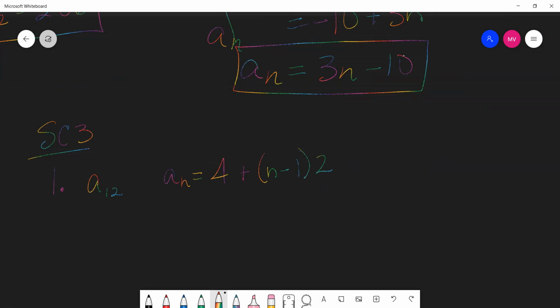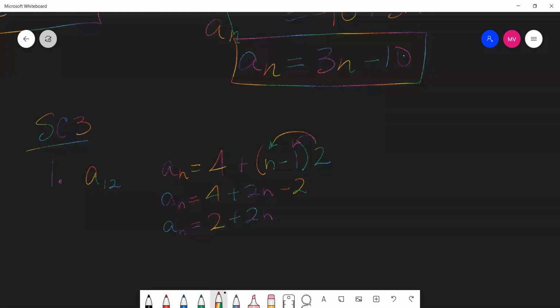All right, I'm going to do it just like we did example 6 a minute ago. I'm going to go ahead and simplify my equation, then plug in my position 12 for the value of n. So if I do that, then I end up with an equals 4 plus 2n minus 2. And then we simplify one more time and we find that an equals 2 plus 2n, or 2n plus 2.